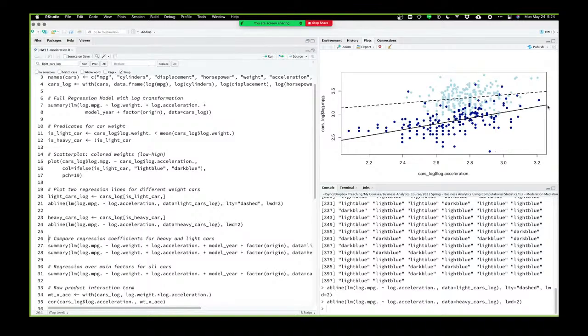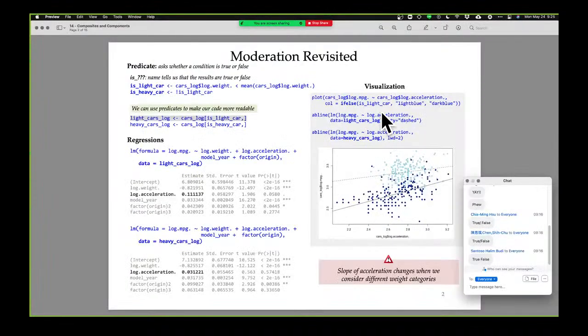So I just want to make that clear. That's my visualization of how to see the interaction of weight and acceleration on miles per gallon.